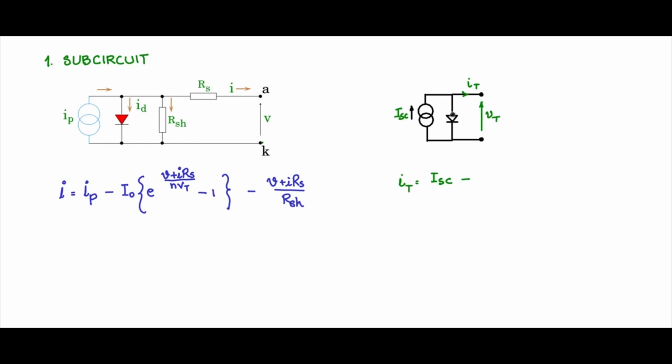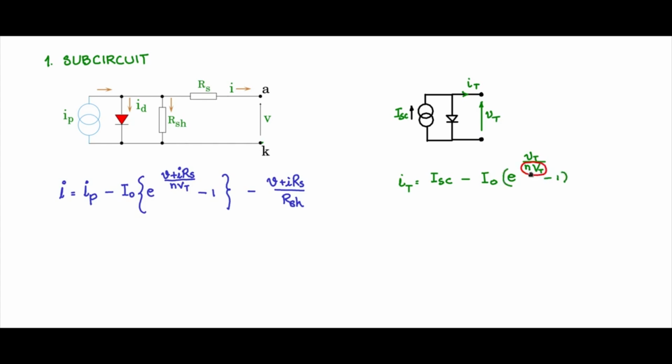And what is the diode current value? It is as given here. So I naught, reverse saturation current, into exponential VT, terminal voltage, divided by N VT. This VT is the voltage equivalent of temperature, minus 1.